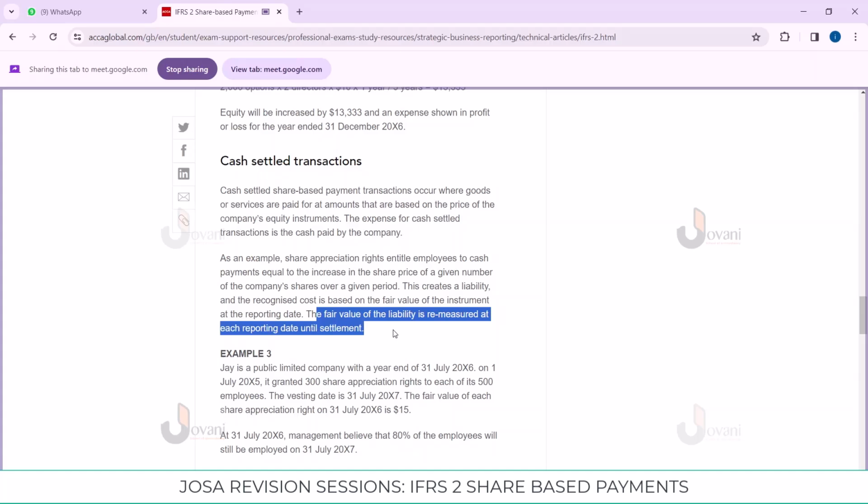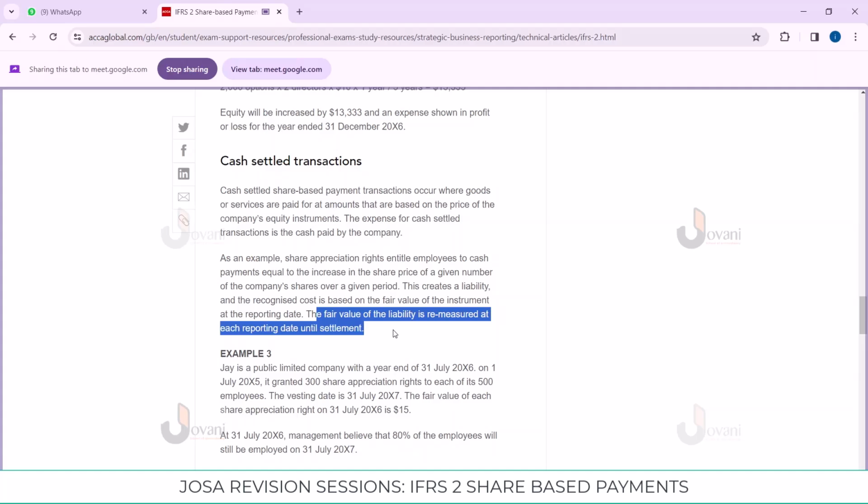Yes, I said under equity settled, okay? Under equity settled, the expense or the transaction value, if it is between a company and its employees, the value is the fair value of the options at grant date.